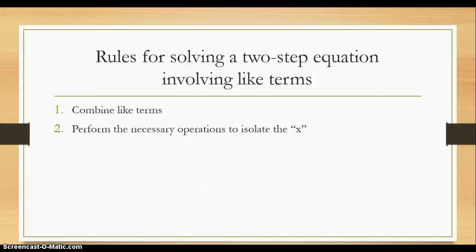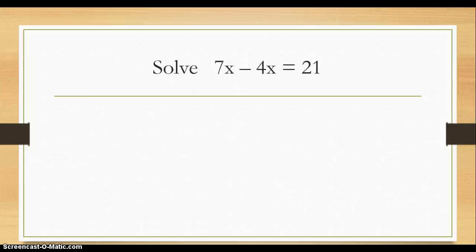Rules for solving a two-step equation involving like terms. The first thing you're going to do is combine like terms and then perform the necessary operations to isolate the x. So solve 7x minus 4x equals 21. Remember, step 1 was combine like terms. Well, here are our like terms: 7x minus 4x is 3x. 3x equals 21.